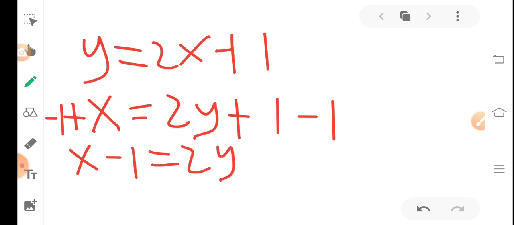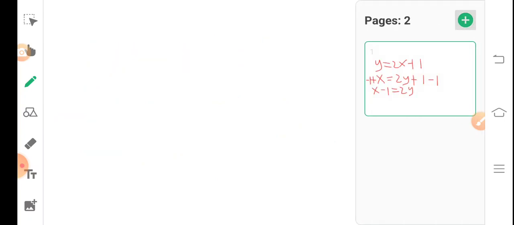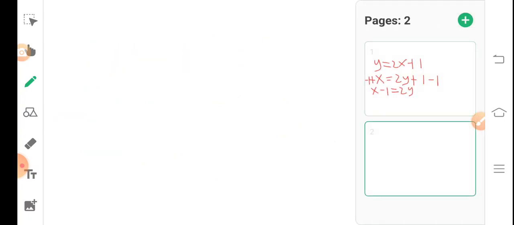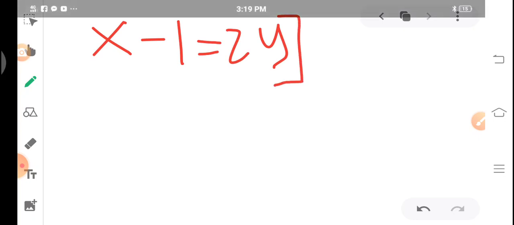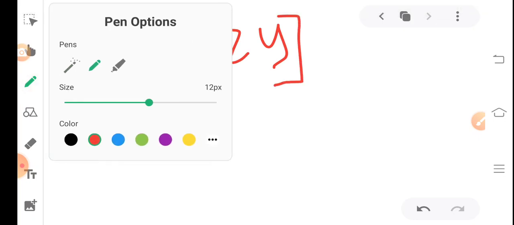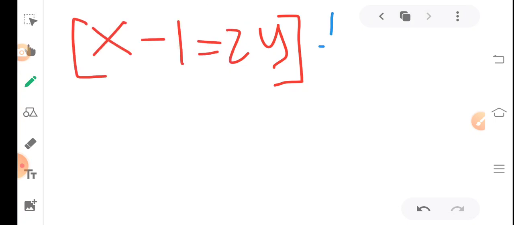Then by multiplicative inverse, the multiplicative inverse of 2 is 1/2, or we divide both sides by 2, or we multiply all of the sides by 1/2.